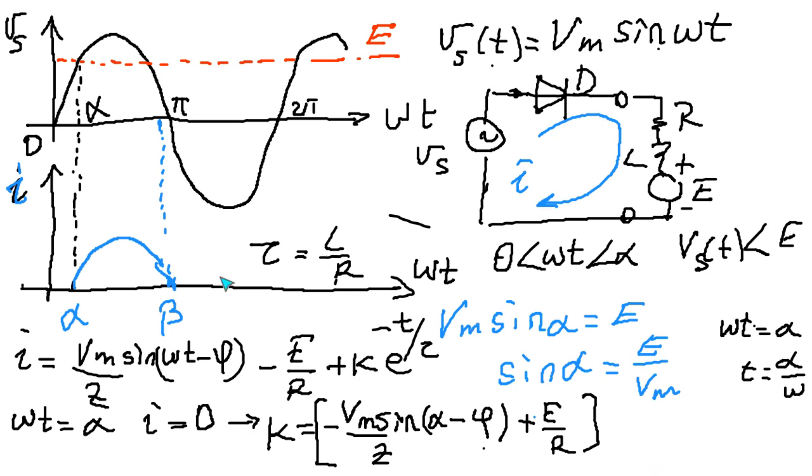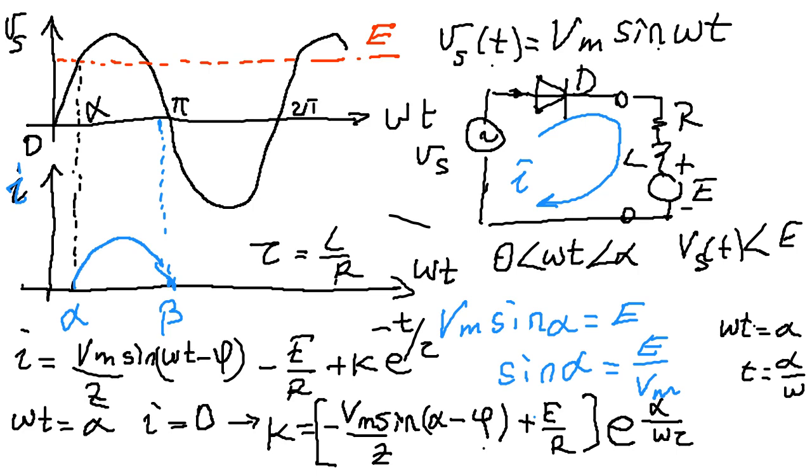So I wrote e to power alpha over omega tau. This is K.